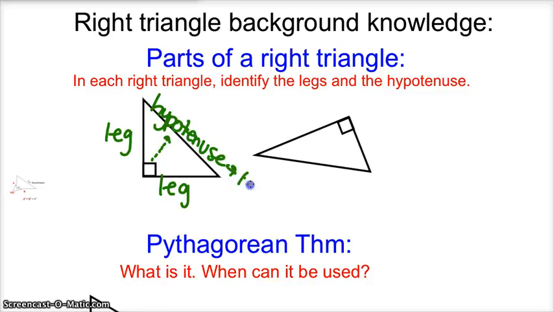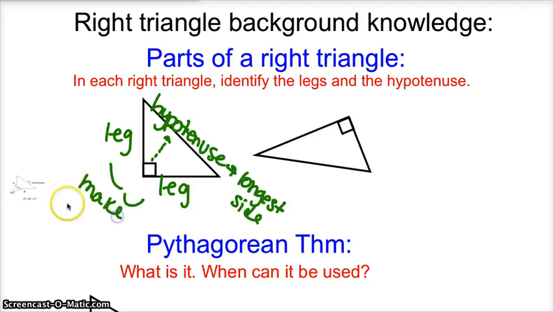So looking at this diagram, which one of these side lengths is the longest? Which one is across from the 90-degree angle? That's the hypotenuse.